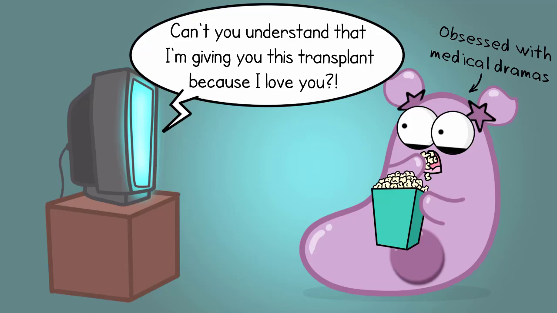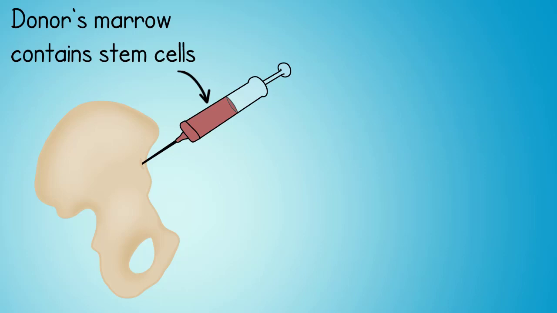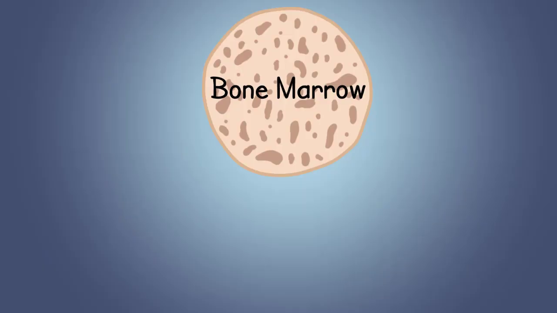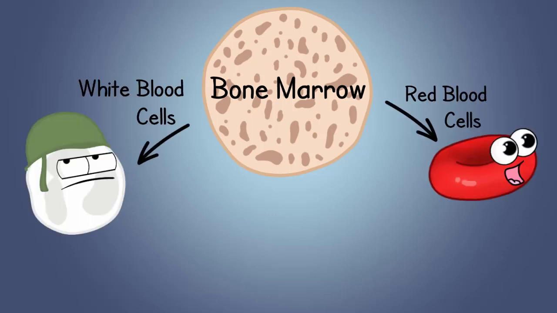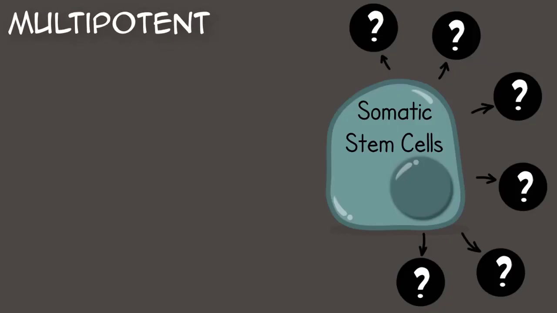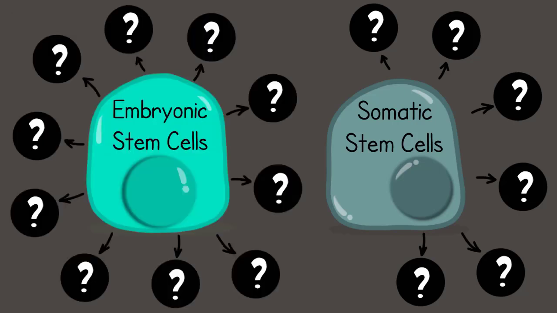Well, bone marrow transplants actually involve transplanting a portion of healthy bone marrow, which does contain bone marrow stem cells, with the idea that those donor stem cells can help regenerate different types of blood cells, since bone marrow is like a blood cell making machine. It contains stem cells that differentiate into different types of blood cells. Many, but not all, of the somatic stem cells that are found in your body are considered to be multipotent. That means they can become many types of cells, but not as many as the embryonic stem cells.